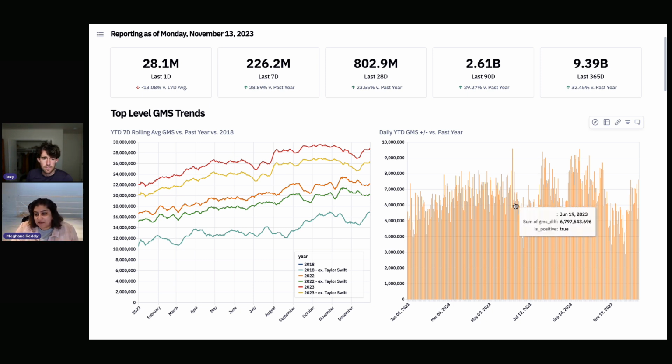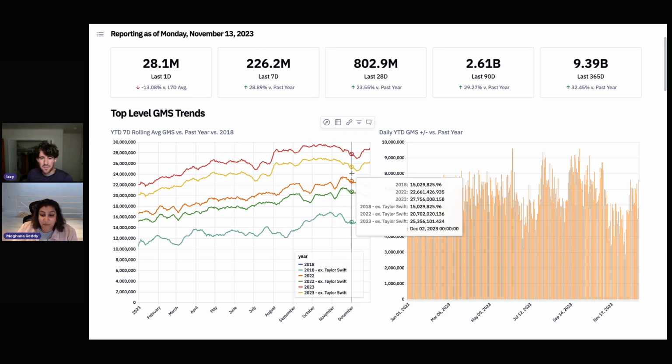So this paints a particularly rosy picture with this fake data, but one fun shout out is that thanks to the amazing success of Taylor Swift, we often want to look at our data both pre and post, or ex Taylor Swift. So we're definitely all big fans of her here at StubHub.